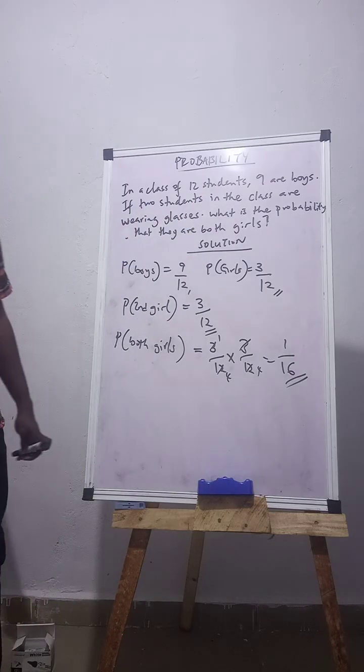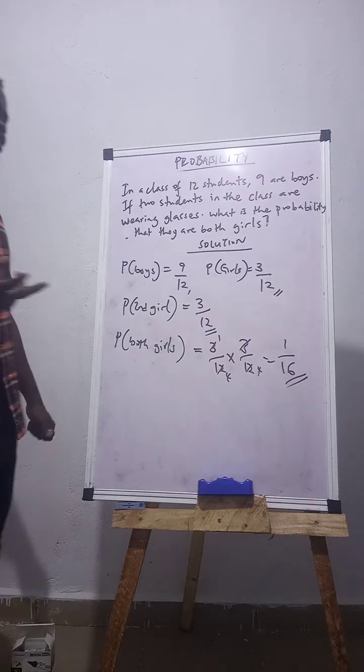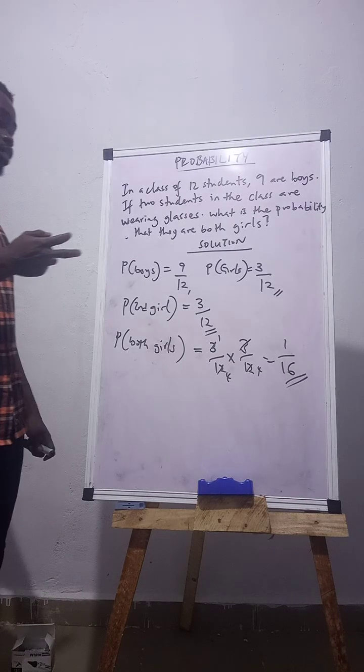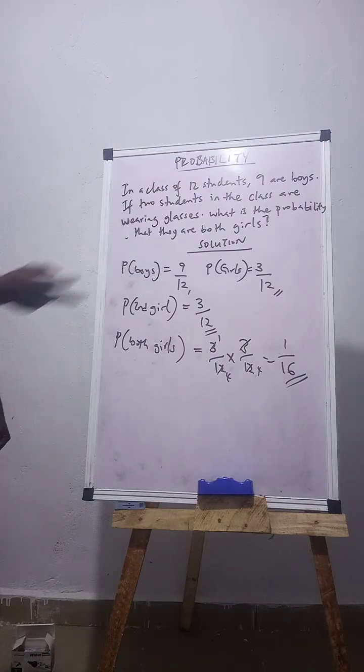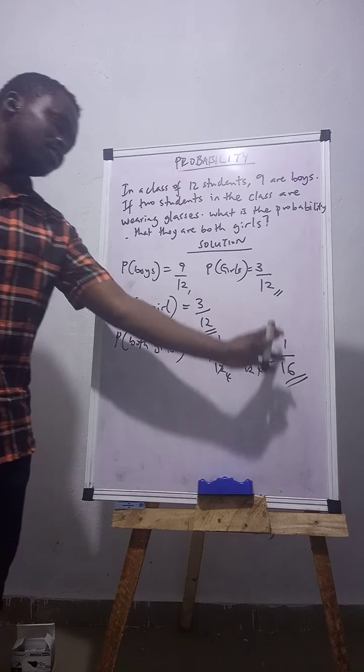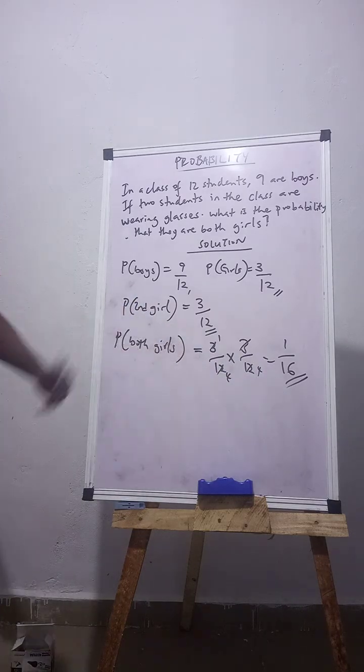The probability that a boy is wearing glasses would be 9 over 12. What they want now is the probability that the 2 students are girls. You see why it's very low, 1 over 16, so it's very rare, because the number of girls is actually fewer.